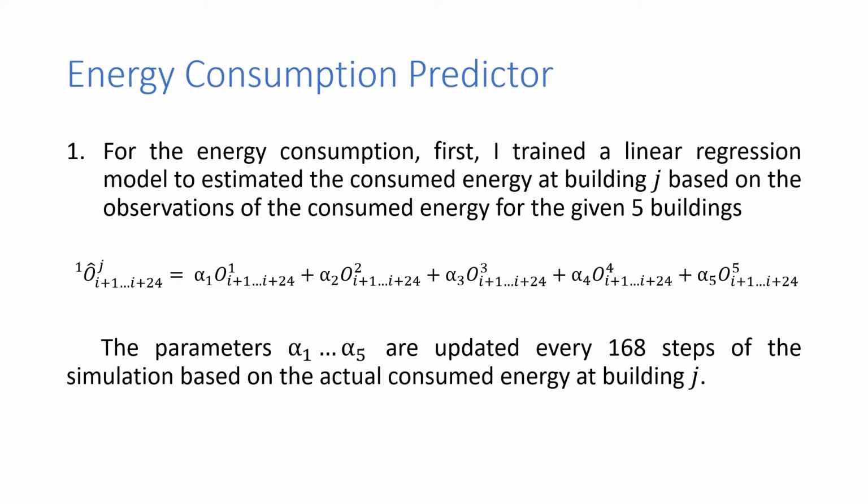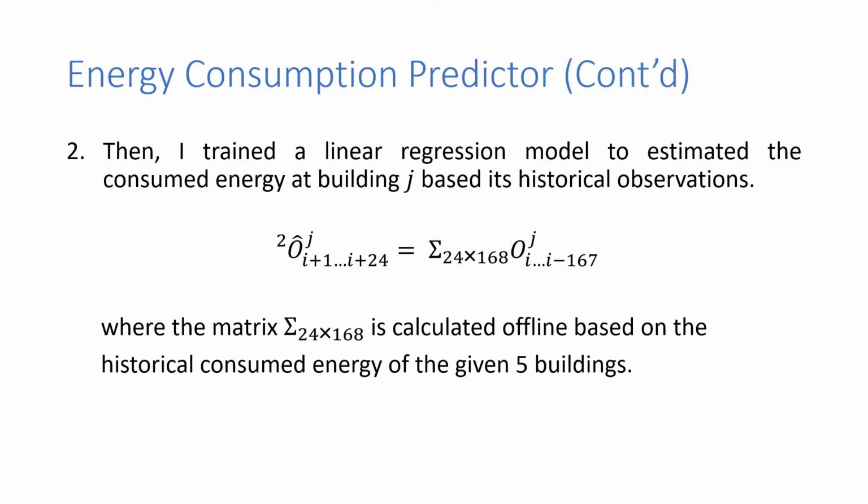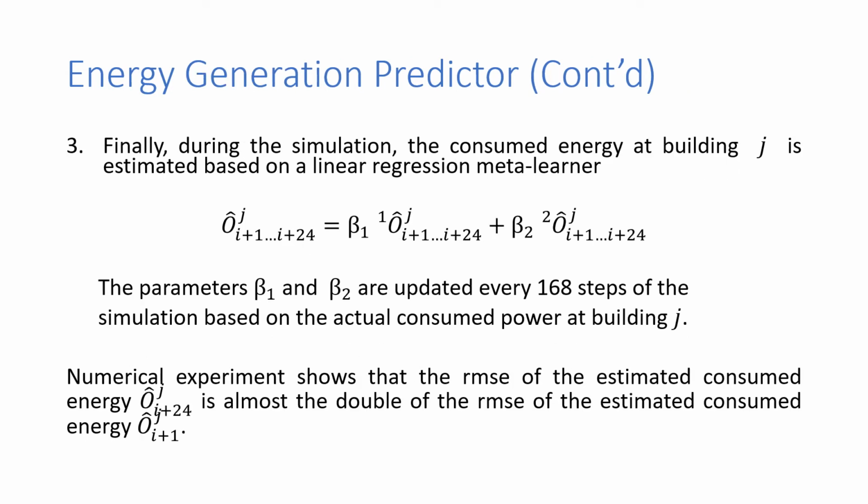The parameters alpha 1 to alpha 5 are updated every 168 steps of the simulation based on the actual consumed energy at building J. Then, I trained a linear regression model to estimate the consumed energy at building J based on its historical observations, where the matrix sigma is calculated offline based on the historical consumed energy of the given 5 buildings. Finally, during the simulation, the consumed energy at building J is estimated based on a linear regression meta-learner.